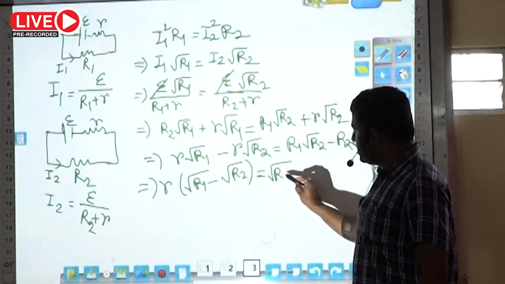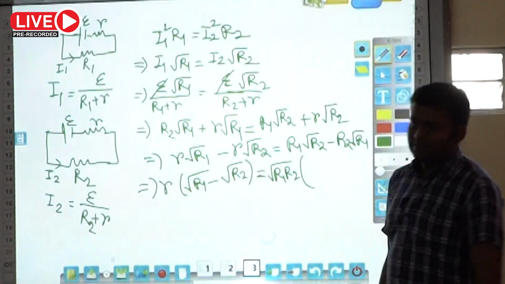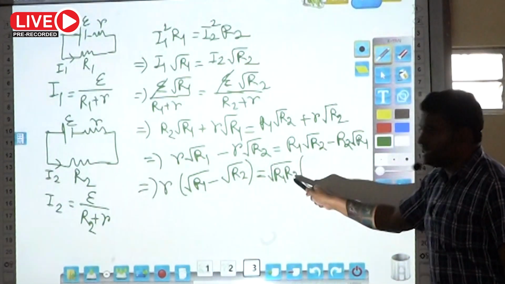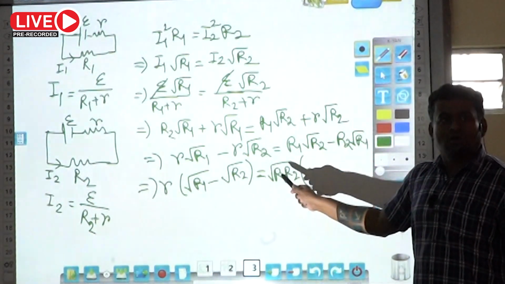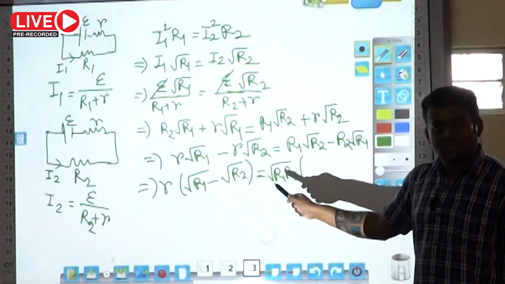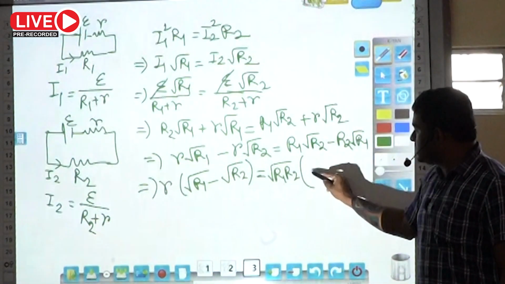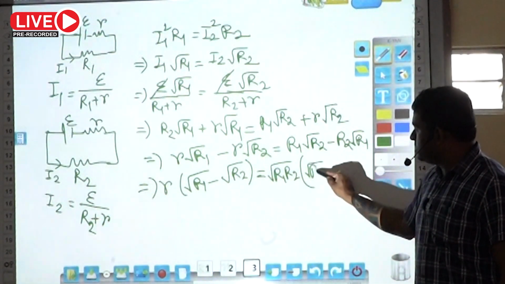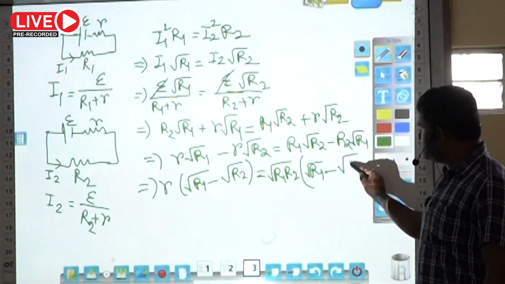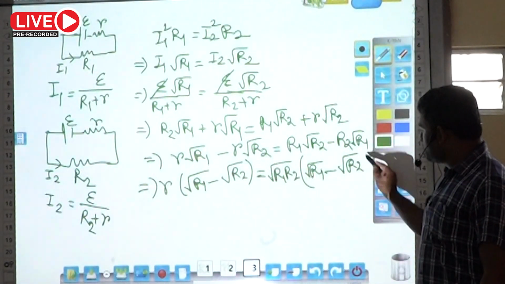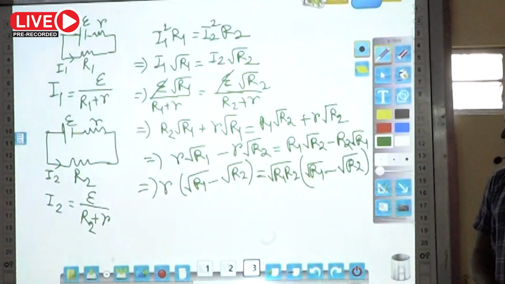Root R1 R2 can be taken common, this entire thing. Root R2 is already there, and R1 means root of R1 whole square. So I take common root R1 R2. So what is left here? Root R1. In the second term, what is left? Root R2.